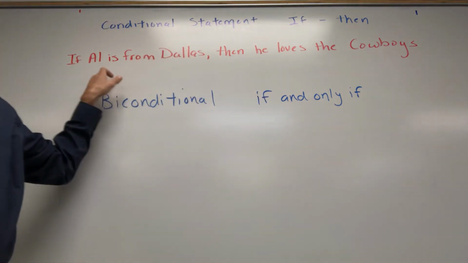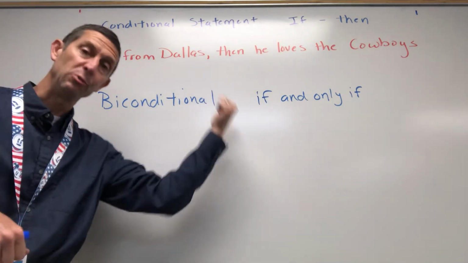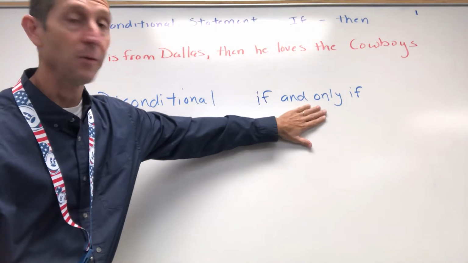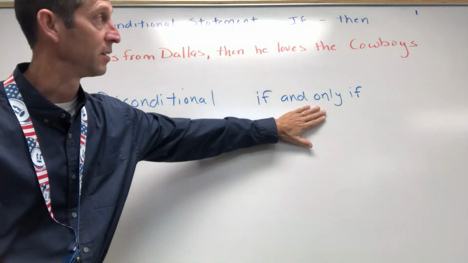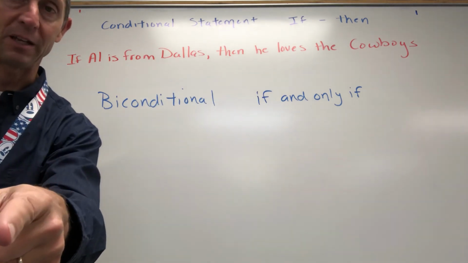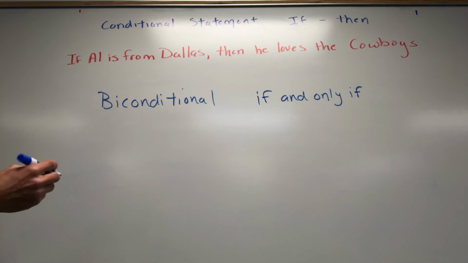So we're going to take our conditional statement and we're going to have to lose the if. We're going to have to lose the then. We're going to have to rearrange some stuff and bring in this part, if and only if. So you've got to play with this statement and bring in the words if and only if to make it biconditional.